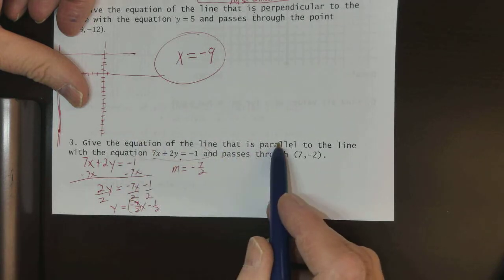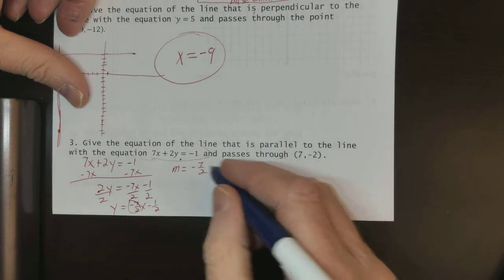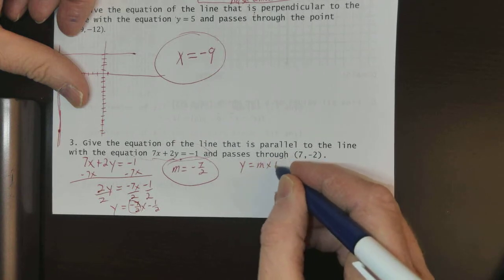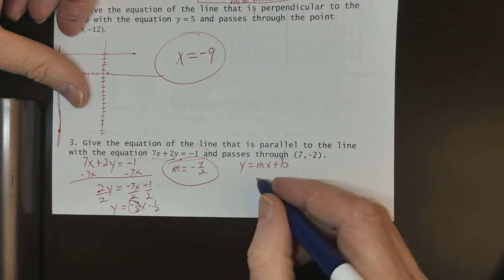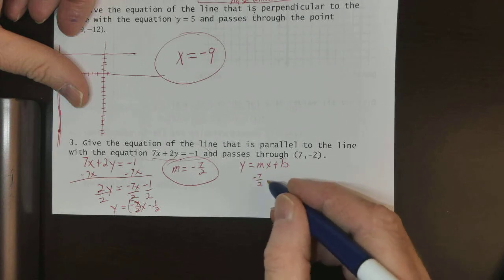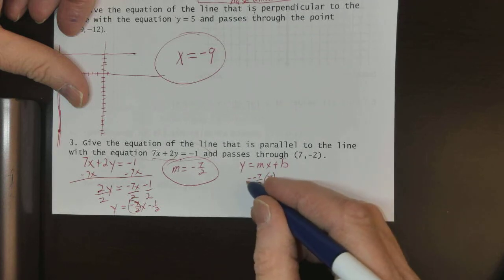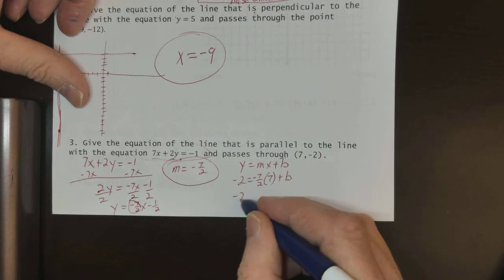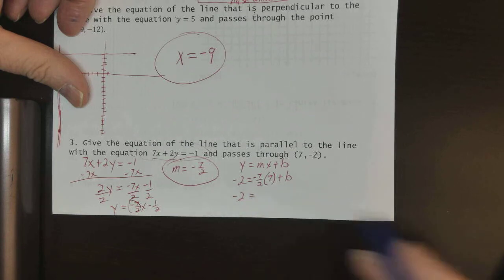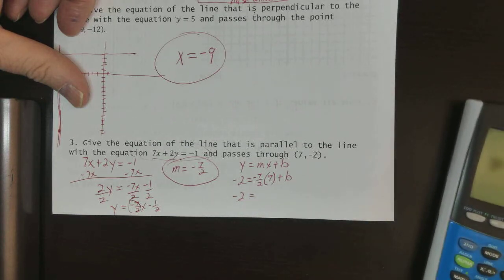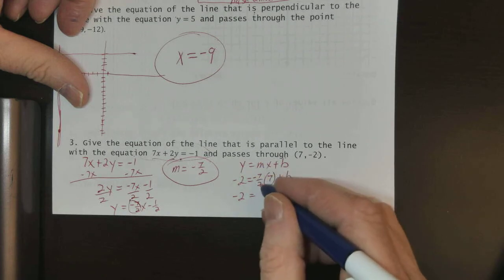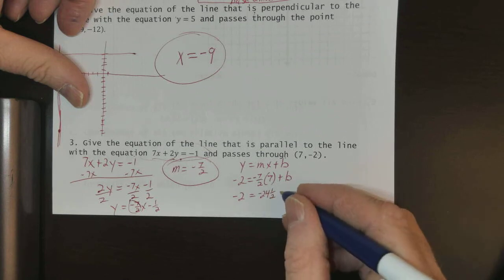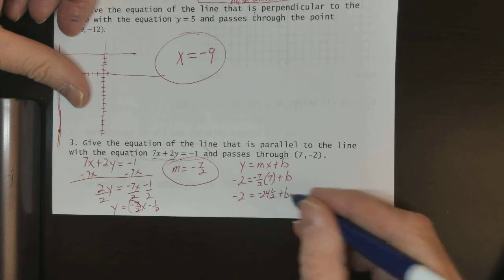It is parallel to the line we want, so we're going to use that slope, negative 7 halves. I'm going to put negative 7 over 2 here, 7 for the x, because we're passing through 7, negative 2 for the y, and go plus b here. Negative 2 equals negative 49 divided by 2, which is negative 24.5, plus b.